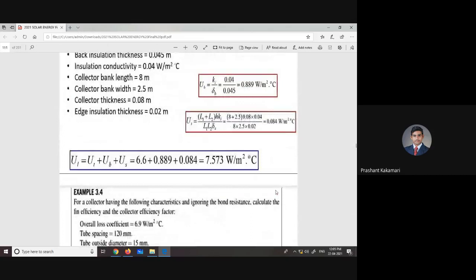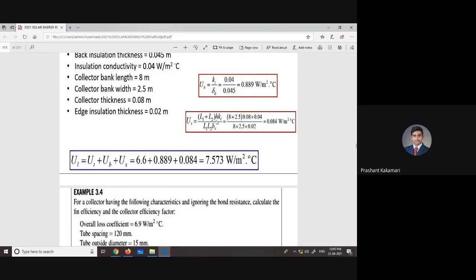Here, L1 is the collector bank length. The collector length is 8 meters. Then the width is 2.5 meters. H, they have taken, I think, in place of L3 in this book, they have taken H. Please make a note of this.